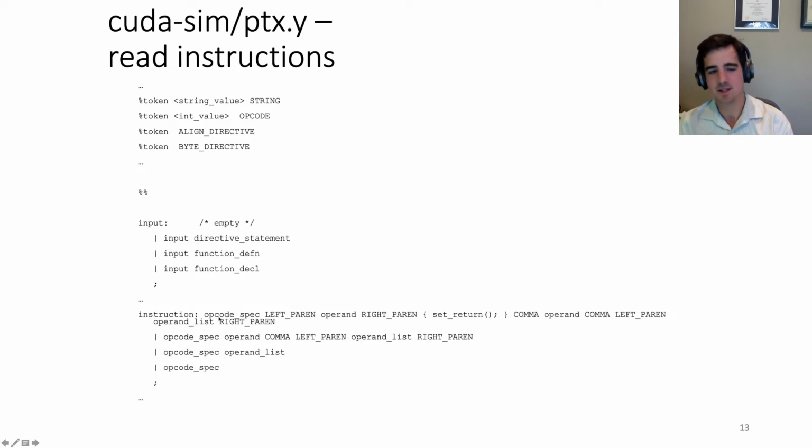If you look at a bit of PTX, you can see that the opcode comes first. And there are options that there may be a left parenthesis and then some operand and a right parenthesis, and you can compose what the instructions look like from the collection of tokens that we've defined from the first set of the process.